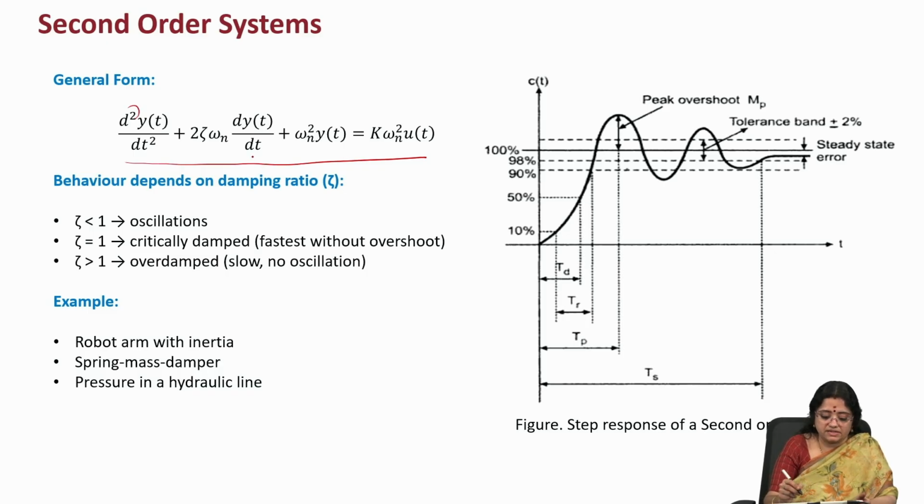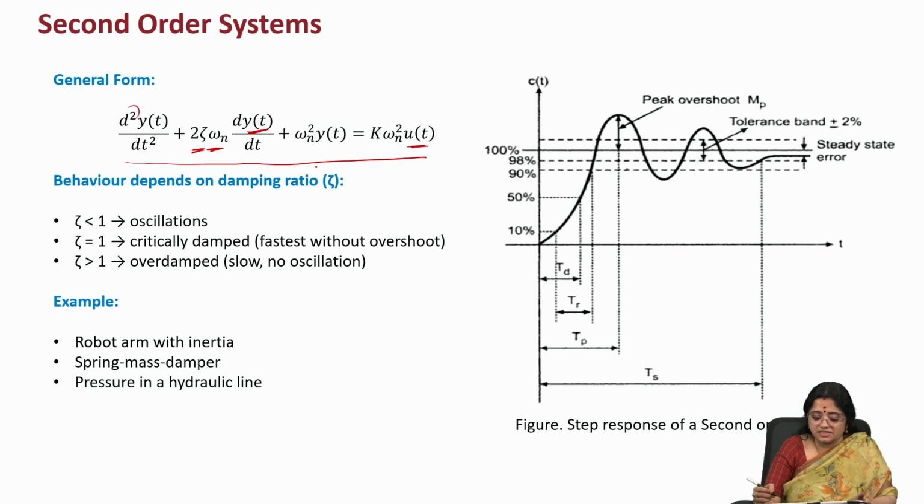In this particular case, we are going to look at the parameters omega n and zeta. These are the two important parameters that decide the behavior of the second order system, where y of t is again our output controlled variable and u of t is our input or manipulative variable.